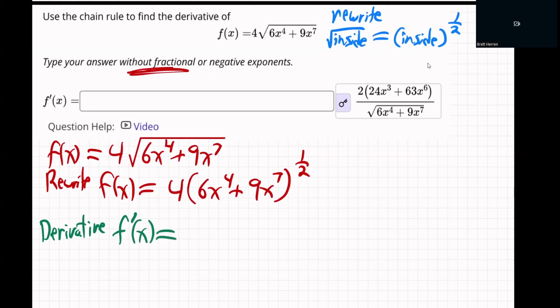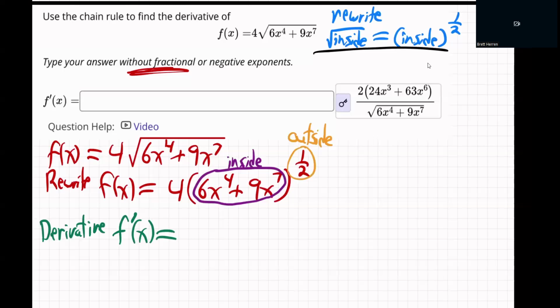Well, we have to realize we have a function inside and outside. So this is the inside function, and this half power is the outside function. So how do you take the derivative when we have an inside and an outside function? Well, that's called the chain rule.